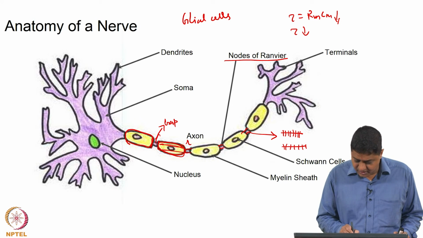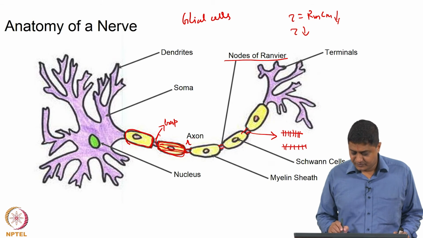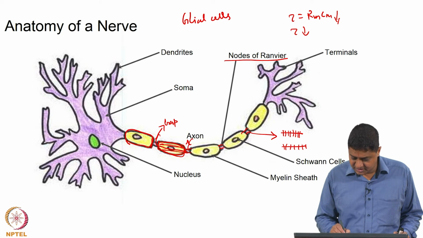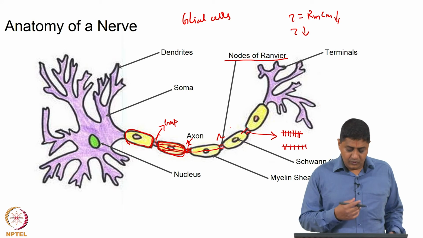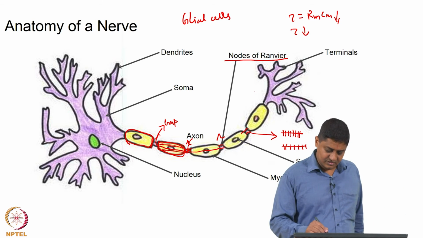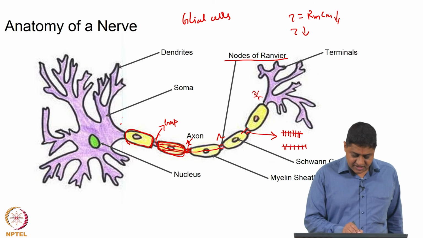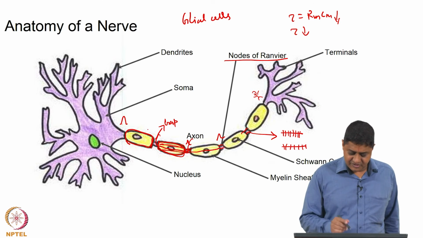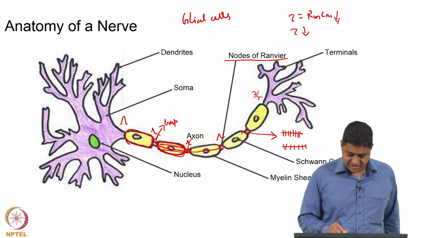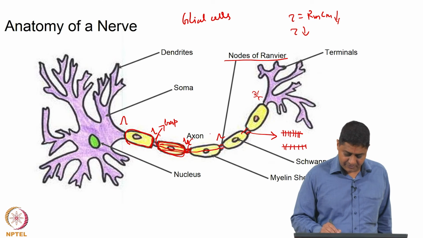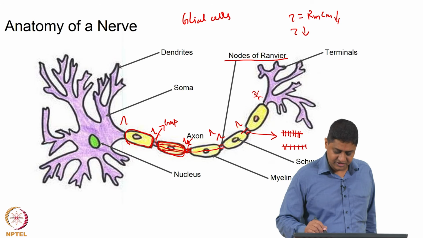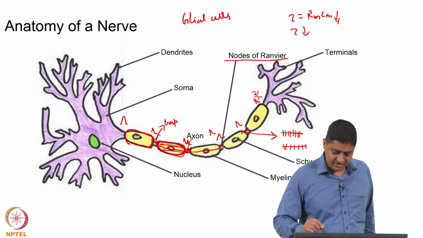So, once sodium enters here, it diffuses and causes an action potential at this point, and once sodium enters the next node, it diffuses and causes an action potential at that point. Let us assume there is a person here watching. An action potential is generated at one point, and after a very small gap in time an action potential is generated at the next point, and then the next, and the next.